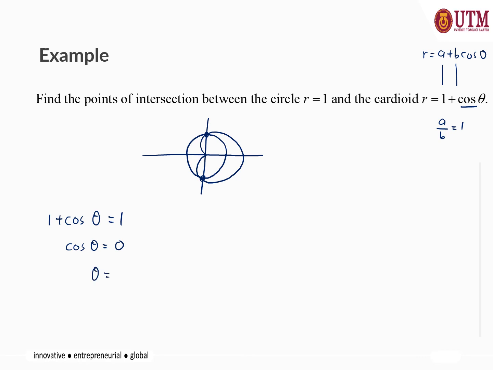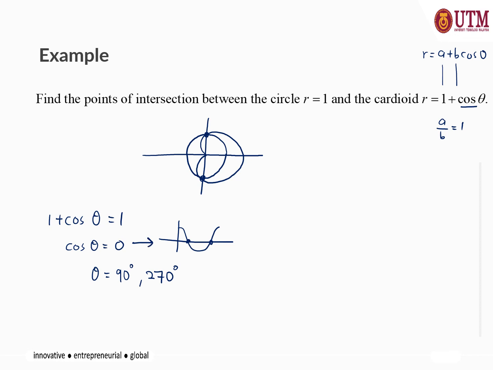So theta would be equal to 90 degrees. Okay, but here if we try to plot cos theta, the value of 0 is at 90 and also 270 degrees, meaning that for this value, theta will be 90 and also 270 degrees.